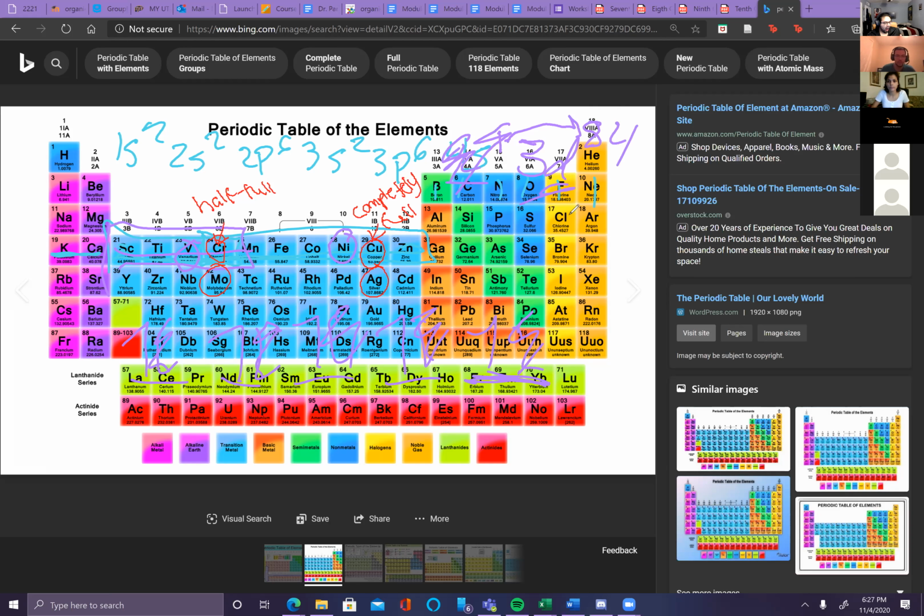So it will be 1s2, 2s2, 2p6, 3s2, 3p6, and then 3d4. Make sense? Any questions? So basically, you just take an electron from the highest level.